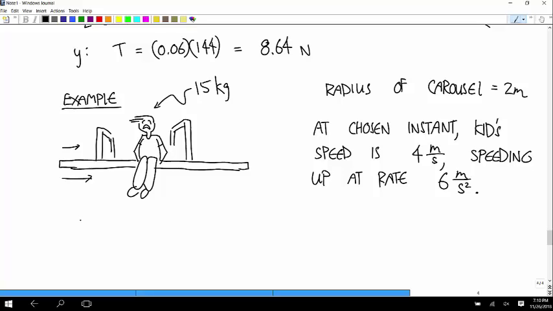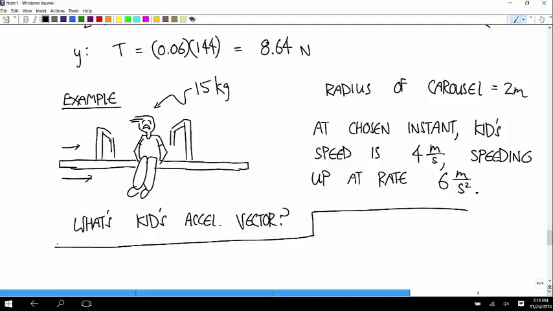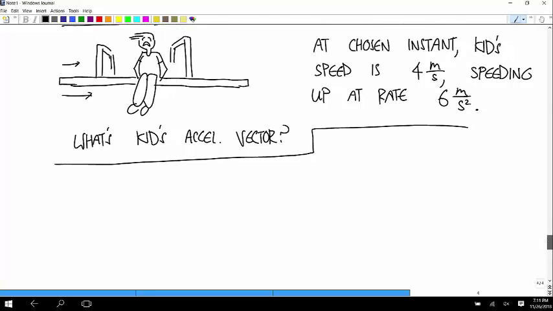So let's calculate the acceleration. What's the kid's acceleration vector? Okay, well, first we have to choose a view.